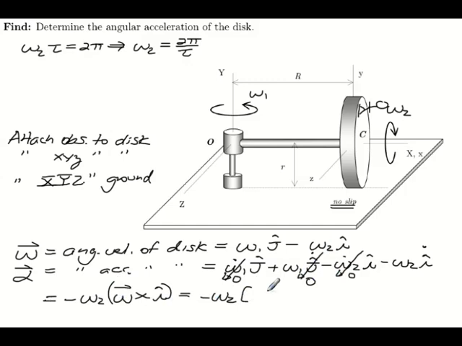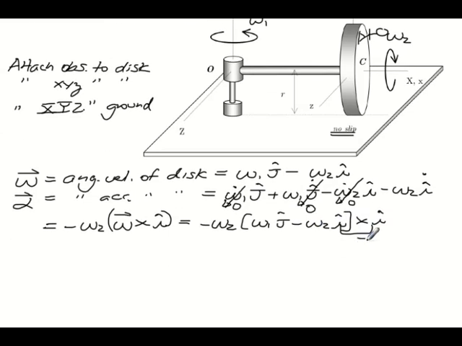Omega we had as omega 1 J minus omega 2 i. That gets crossed with i. i cross i, of course, is a 0. And so what we have here is a minus omega 1 omega 2, big J crossed with i.